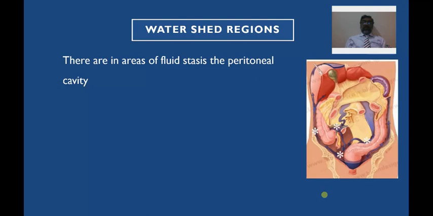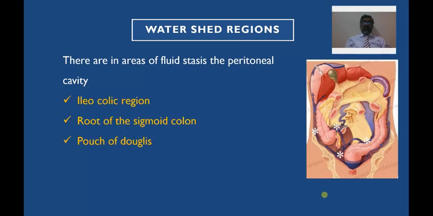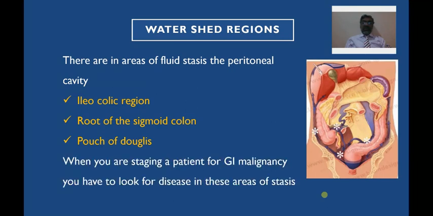Before going into the next slide, I would like to tell you about watershed regions. These are the areas of fluid stasis in the peritoneal cavity. These are in the ileocolic region, in the root of the sigmoid colon, and the pouch of Douglas.